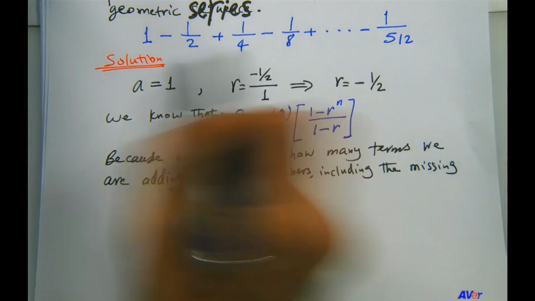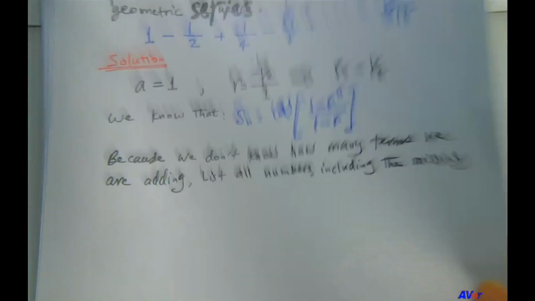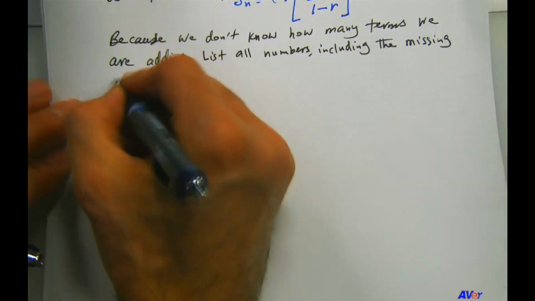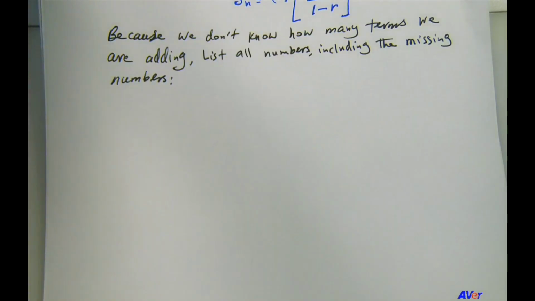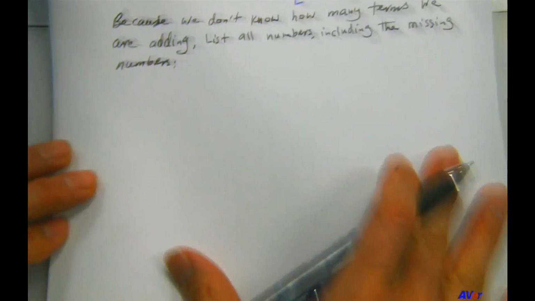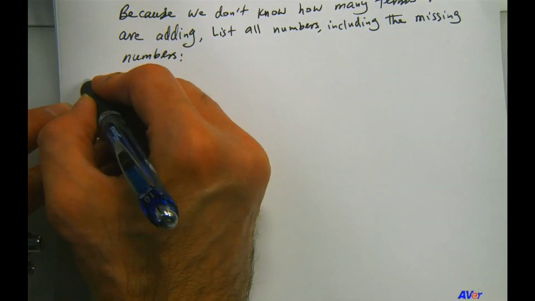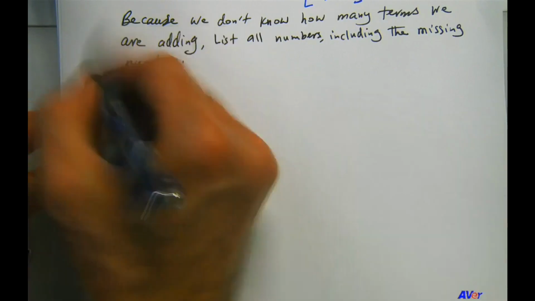So the pattern is very easy. We can easily complete this list, including the missing numbers. And when we do that, we have this list.